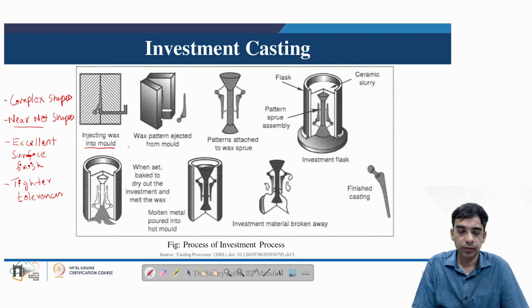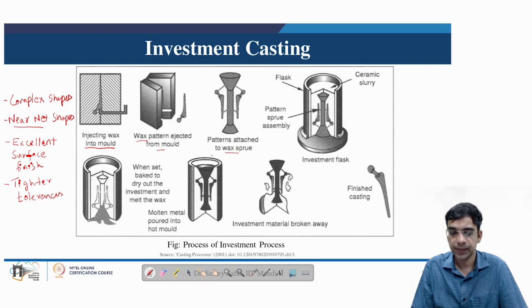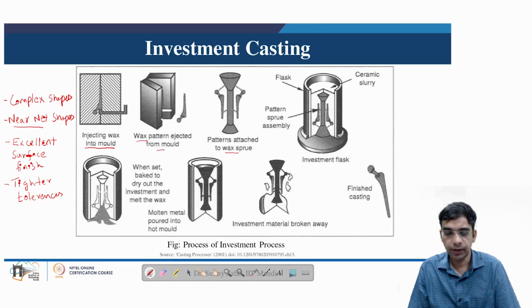So once the molten wax is injected into the mold, the wax pattern is allowed to develop by solidifying that wax. Upon solidification, the wax pattern is ejected from the mold. So we may have several wax patterns together which are attached to a wax sprue, and then they are invested in a ceramic slurry.